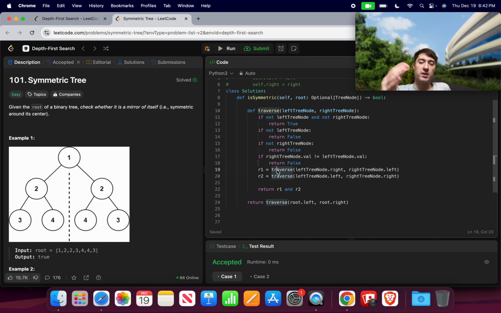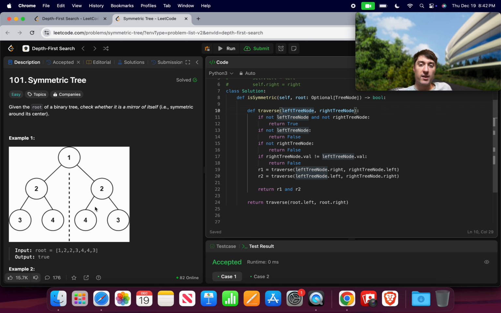Then what I want to do is now recurse down the tree, following the rule, which is, okay, for this node, what is the corresponding mirror image on the right-hand side? So if you look at this, this is the left subtree, right? I'm looking at the left subtree, and I have a particular node of that left subtree denoted by this right here, this left tree node.